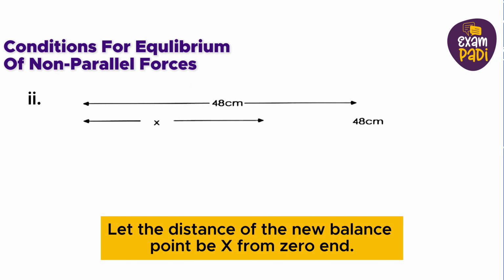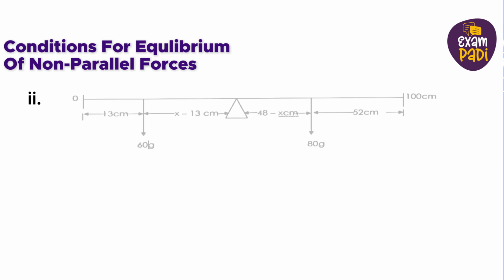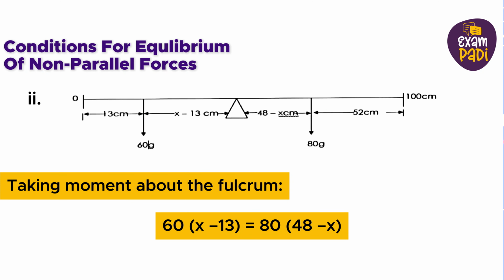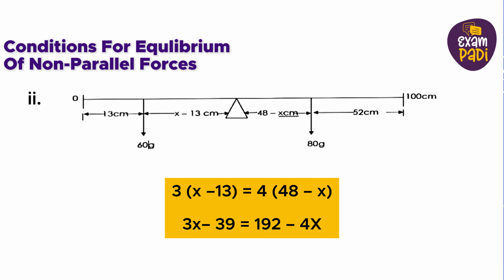2. Let the distance of the new balance point be x from the zero end. Taking moments about the fulcrum, 60 times the bracket of x minus 13 equals 80 times the bracket of 48 minus x. 3 times the bracket of x minus 13 equals 4 times the bracket of 48 minus x. By opening the brackets, 3x minus 39 equals 192 minus 4x.